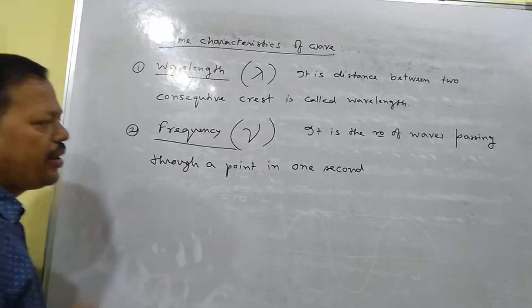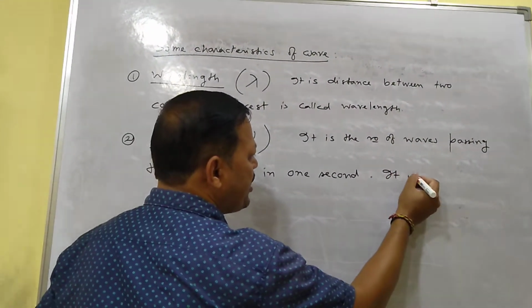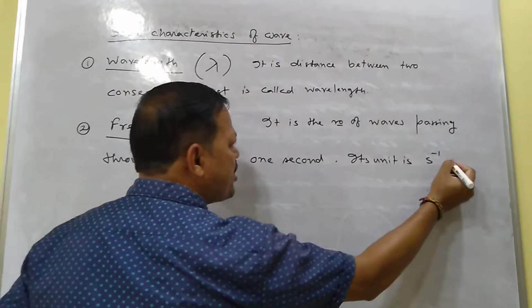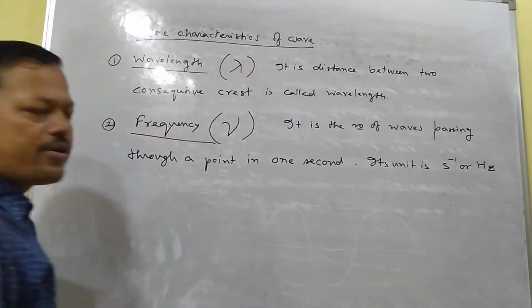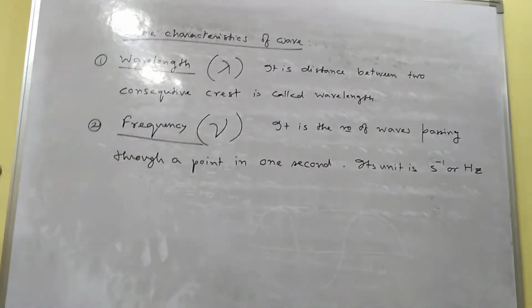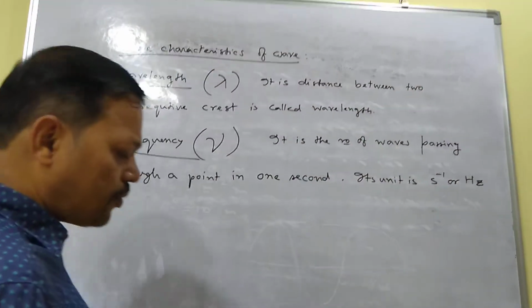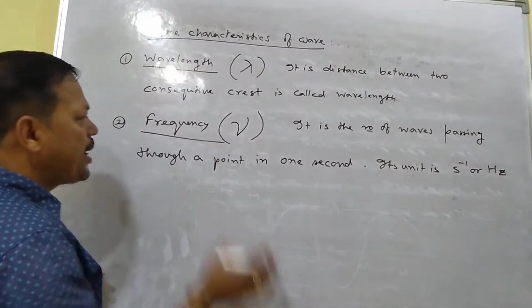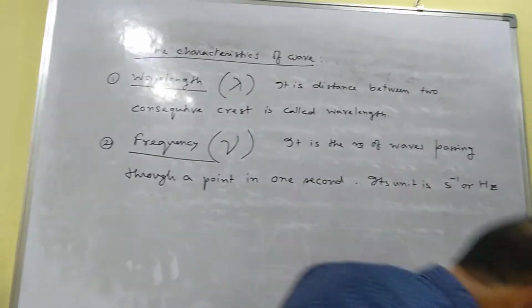Its unit is second inverse, or you can represent it by hertz also. Hertz and second inverse are the same. Hertz is represented by Hz. So in 1 second, how many waves are produced? That is called the frequency, and its unit is second inverse.